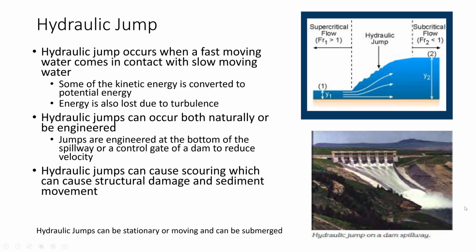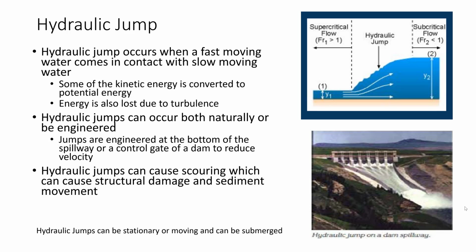There are some downstream effects, but hydraulic jumps can also cause scouring, which can cause structural damage and sediment movement. So controlling this hydraulic jump is important for the integrity of the structures, but it's also important to have some hydraulic jumps, particularly in dams sometimes, to reduce the velocity of the incoming water.